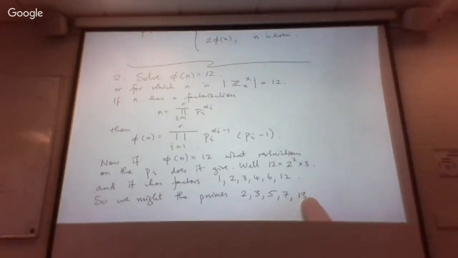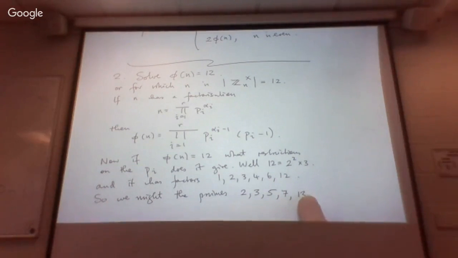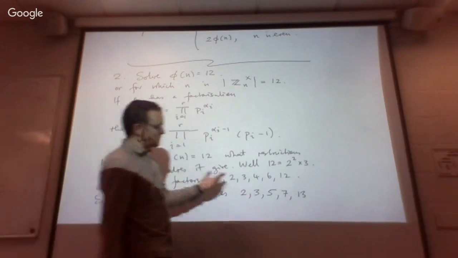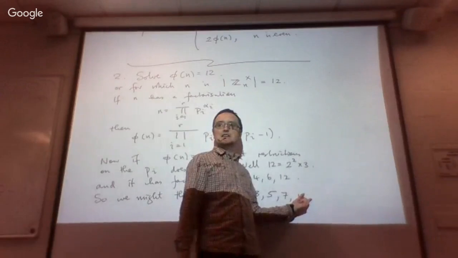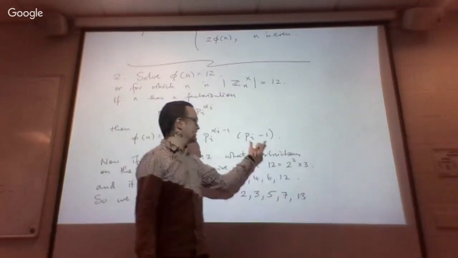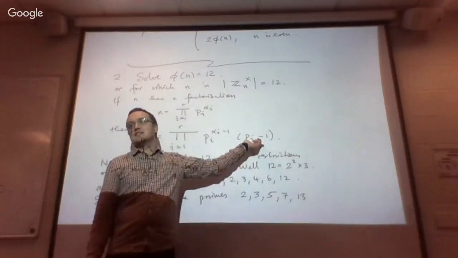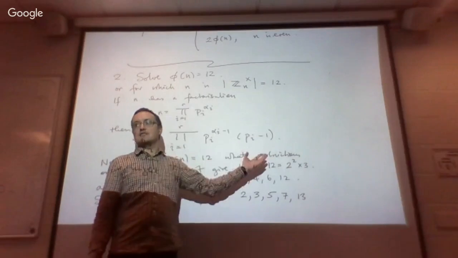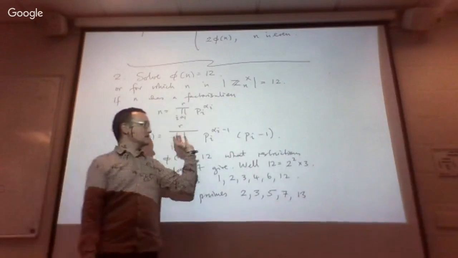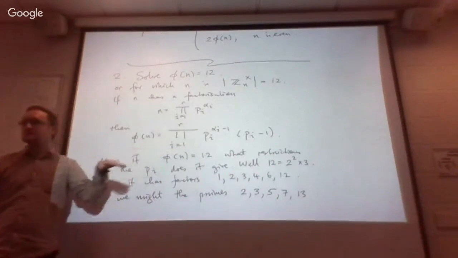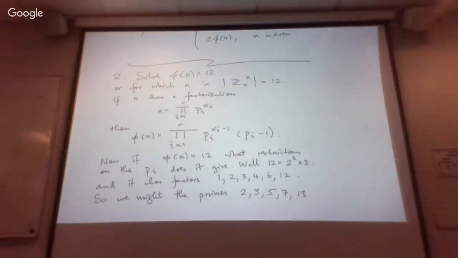But certainly there should be no higher primes allowed in. Because if you allowed in, what's the next prime, 14, 15, 17. If we allowed in 17, that would generate a 16 here, and 16 is not a factor of 12. So we'd make the phi value too big.